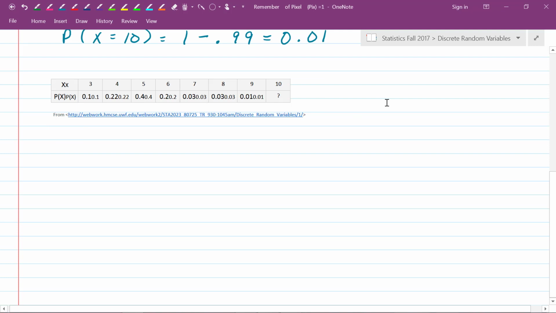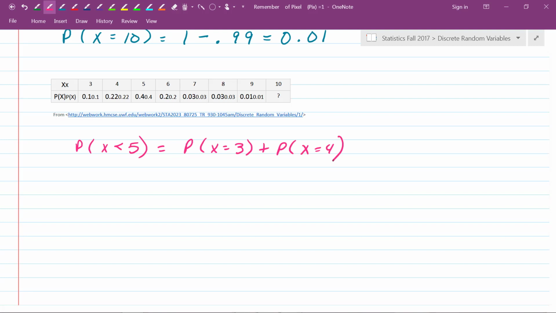So the question is, what's the probability that x is less than 5? That is simply equal to the probability that x equals 3 plus the probability that x equals 4. We can't use the probability that x equals 0, 1, or 2 because it doesn't exist.